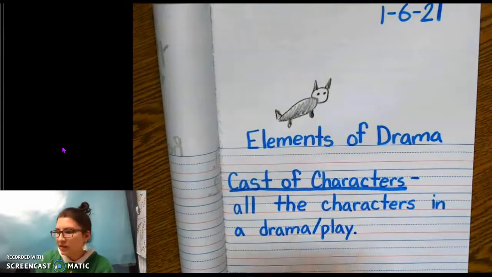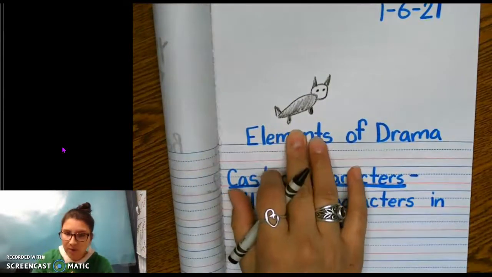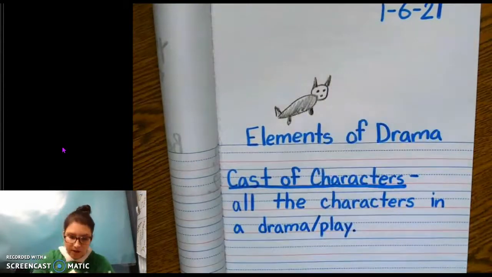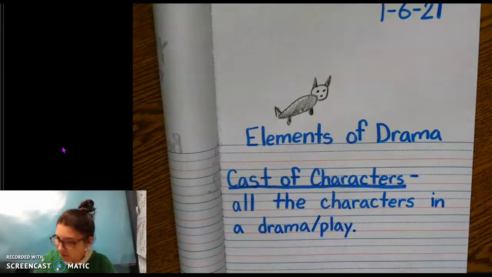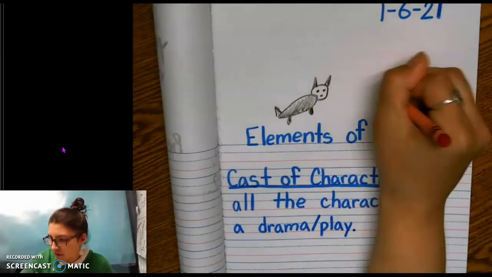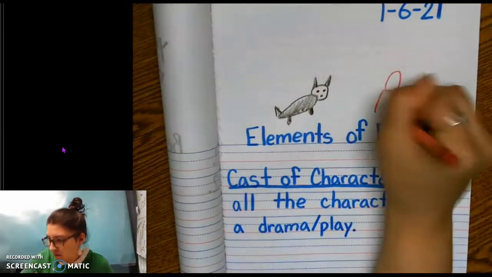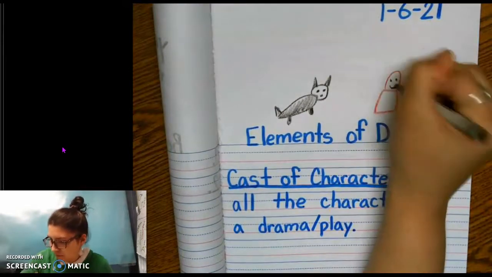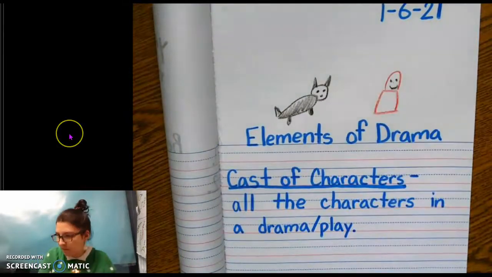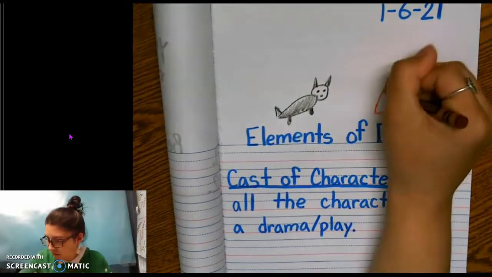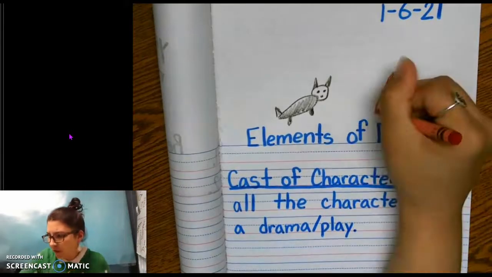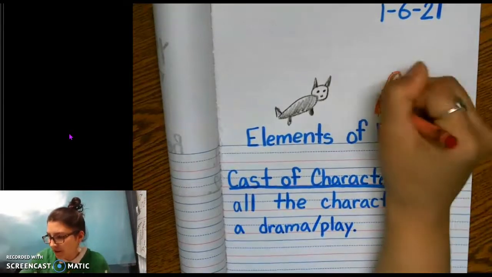You don't have to draw this. I'm going to be doing Little Red Riding Hood and the Wolf. You can go ahead and do whichever ones you like. Not a good example right here. Or not the best drawing.